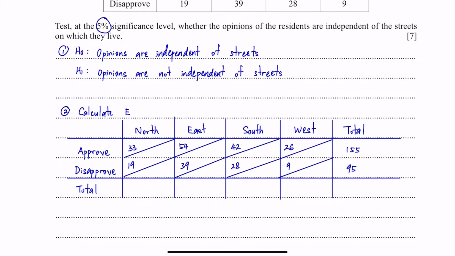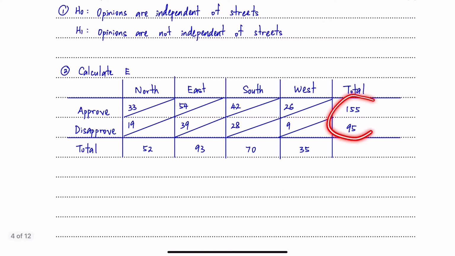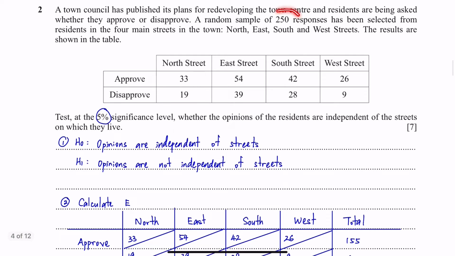And now I'll do it by column. So these two would give me 52. Second column would give me 93. Third column would give me 70. Last column, I would get 35. So the total here should be equal to the total here. And this would give 250, which is the total number of sample mentioned in the question.